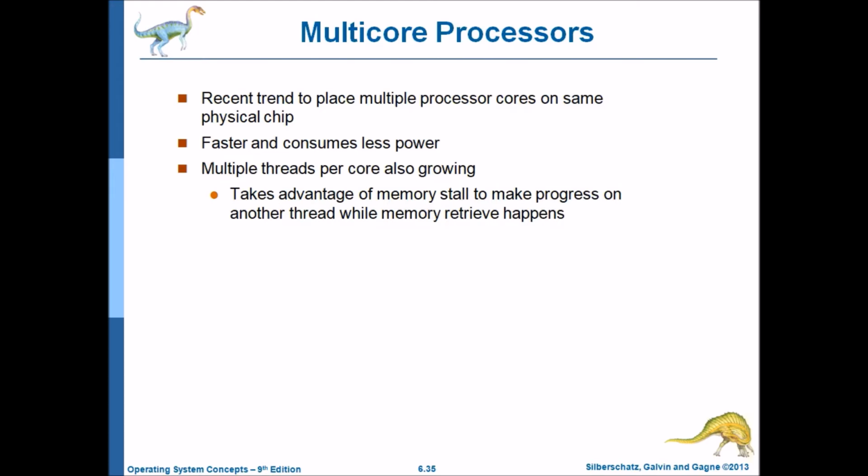To remedy this situation, many recent hardware designs have implemented multi-threaded processor cores, in which two or more hardware threads are assigned to each core. This takes advantage of the memory stall to make progress on another thread while memory retrieval happens on the first thread.